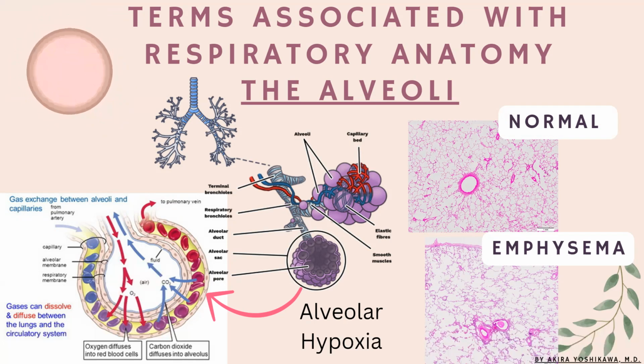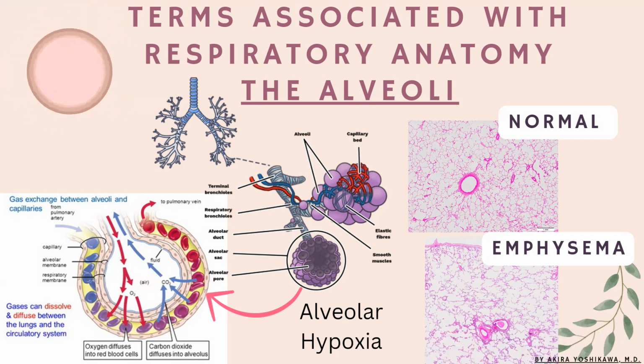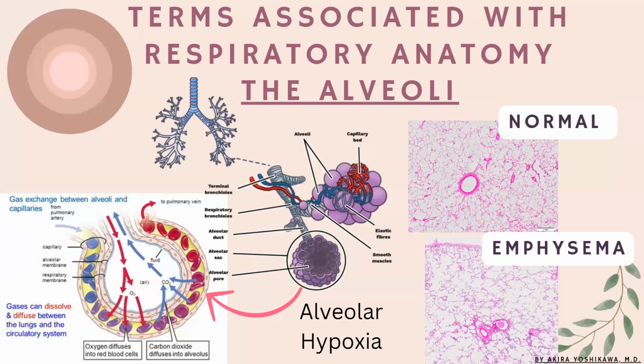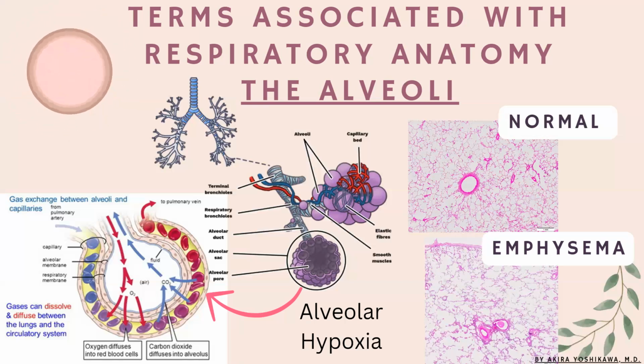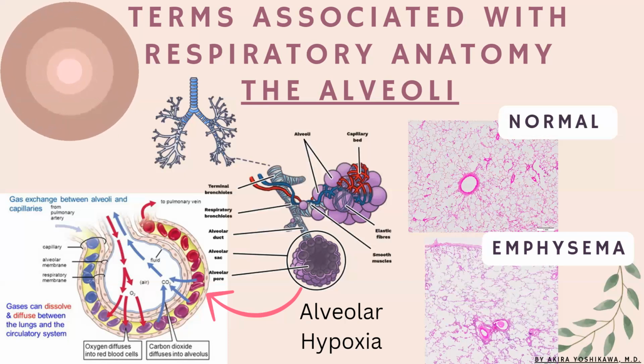So the suffix I was looking for was emia. So emia is specific to a blood condition. So hypoxia is just generally not enough oxygen in the body's tissues. Hypoxemia is not enough oxygen in the bloodstream.